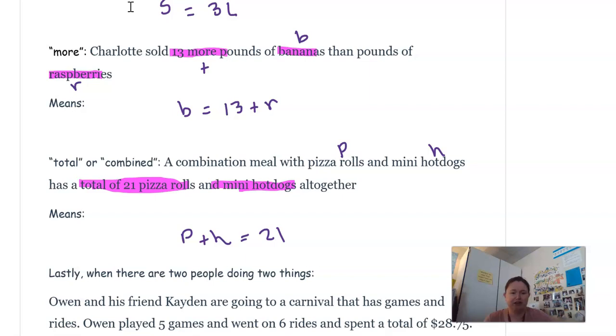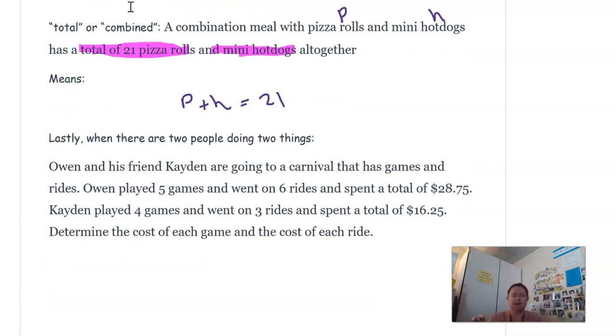Because if you put them all together, there's 21 of them. If you threw them all on a plate and counted them up, there should be 21 altogether. So we're adding.